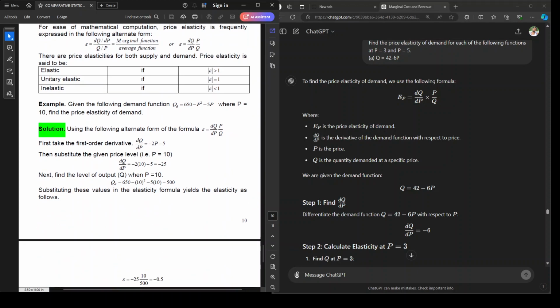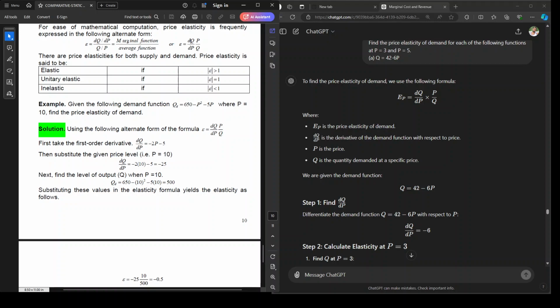We found dQ/dP when you differentiate: this is a constant, this one drops to 2P minus 5, this is linear. After getting this, replace the value of P, which is 10, into here. When you get negative 25, this is the dQ/dP. So you just substitute in your formula.